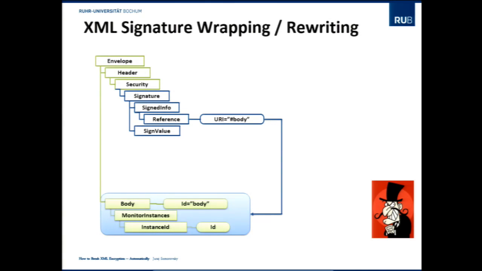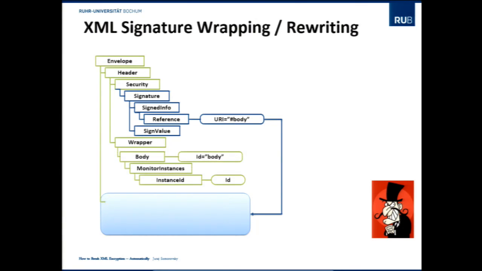What is the problem? The problem is the XML signature wrapping or XML signature rewriting attack. So what the attacker can do, for example, is take the original body and place it somewhere into a wrapper element, for example into the header, and move the original body to this wrapper element.